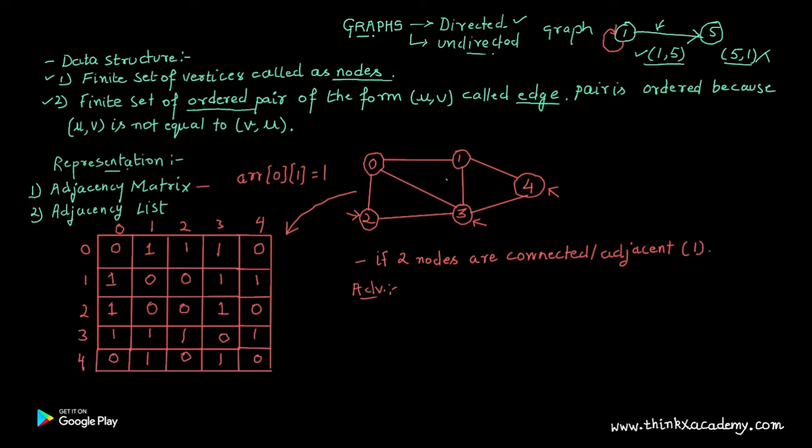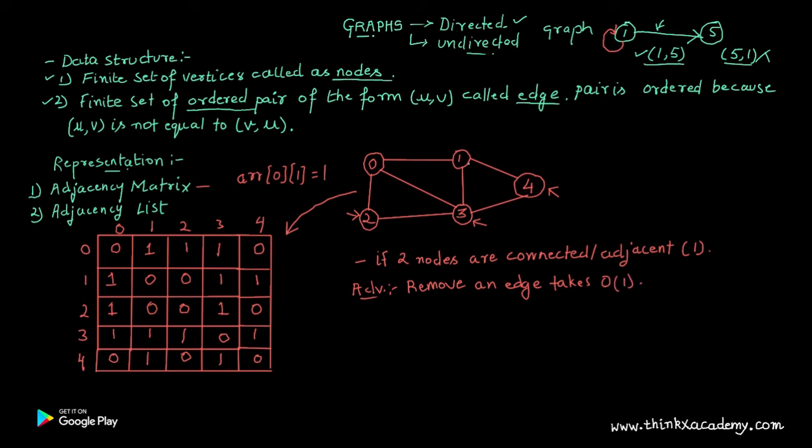For example, let's say I want to remove the relationship between 1 and 3, or you can say 3 wants to unfriend 1, so he does not want to remain connected with 1. So removing an edge takes only big O of 1 time complexity.